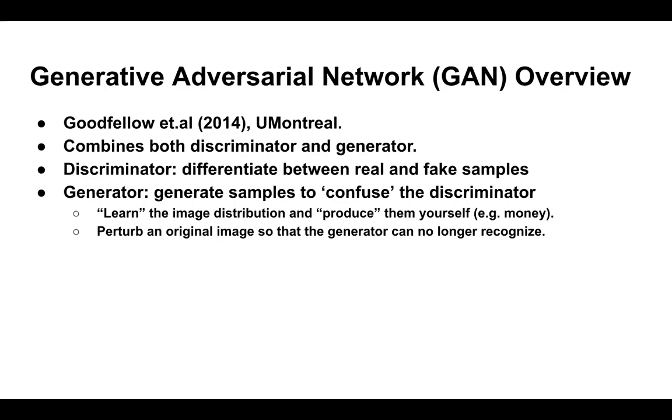The initial chances are that the moment you try to print money, everyone will know it's fake, and then you think, okay, how can I improve my money producing skills such that people won't identify that it's fake? Then you keep practicing, and finally one day the Bank of Canada couldn't differentiate between the money you produce and the money they produce.